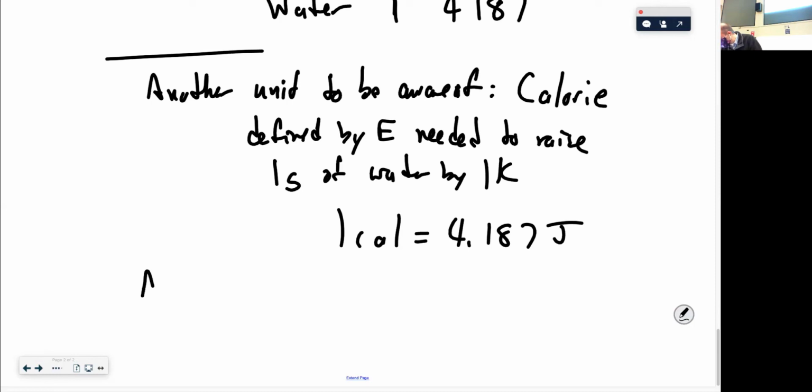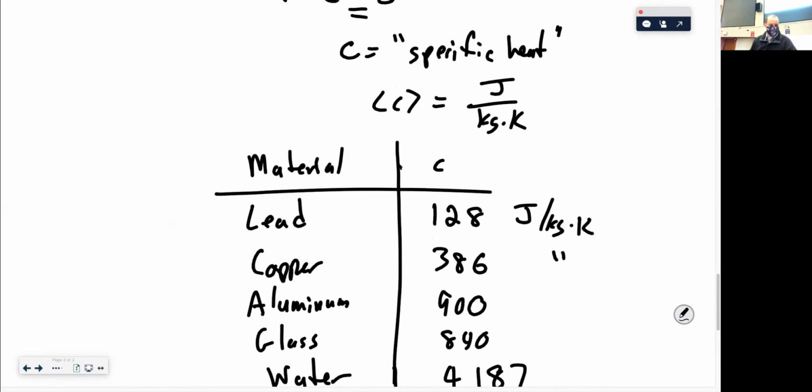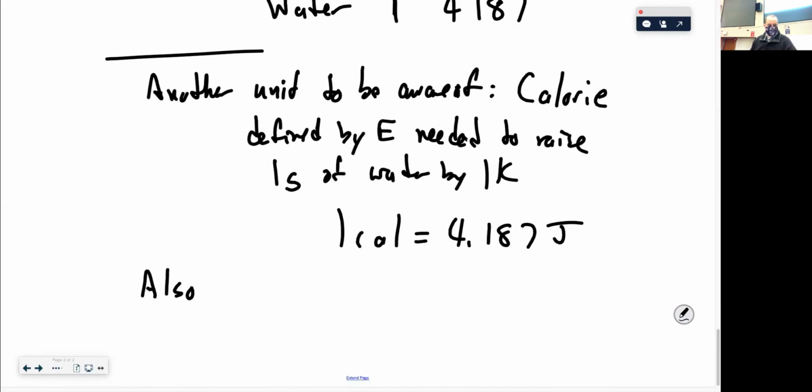It's also sometimes that you'll see, instead of a mass specific heat like we have here, this is the mass specific heat because it's per kilogram. Sometimes you'll see, and by sometimes I mean even on some homework this semester, the molar specific heat.